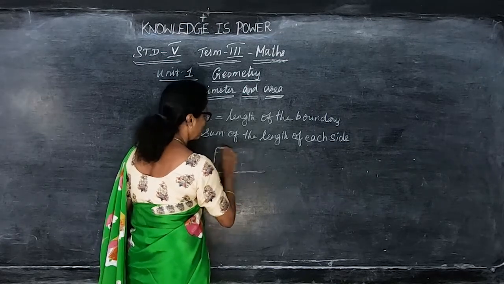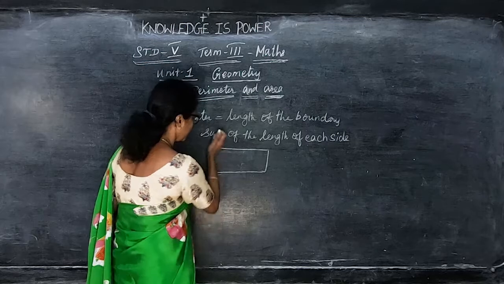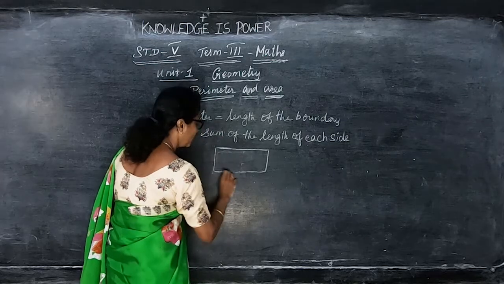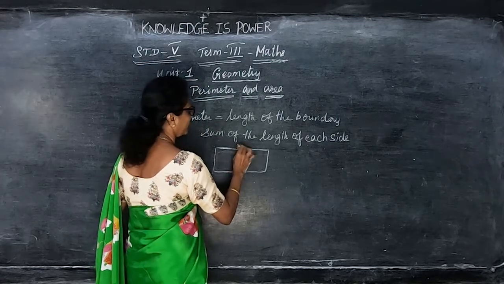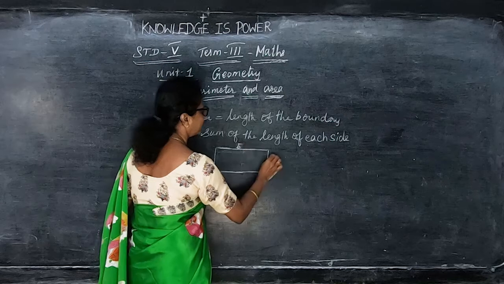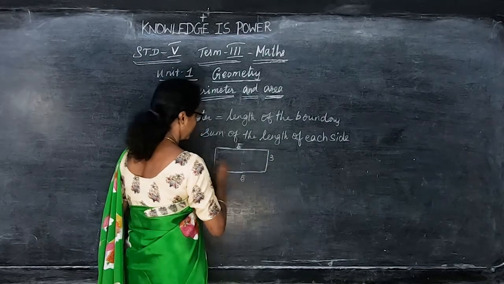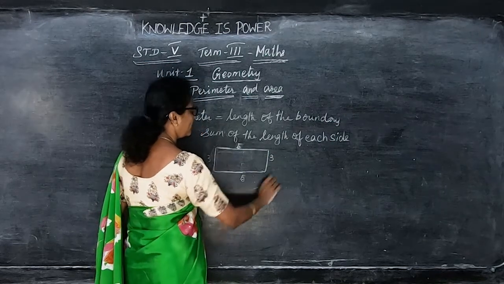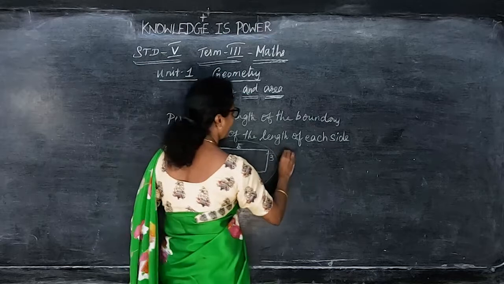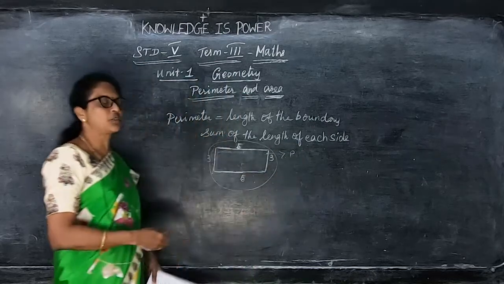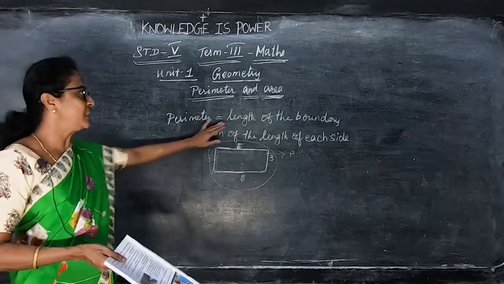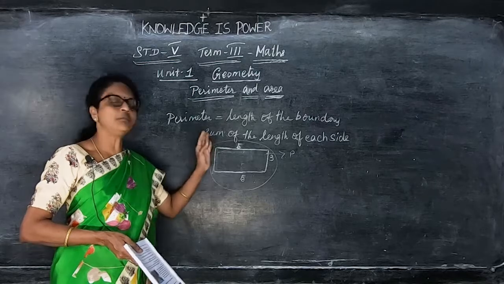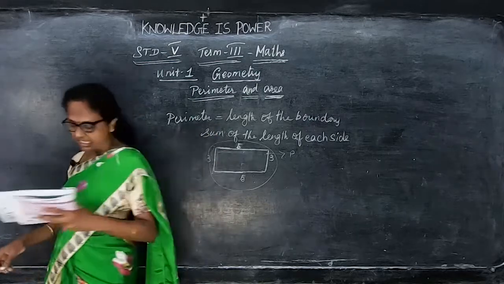So they are going to put the fence around like this. In a fence, all the four sides, this 3, this 5, this 3, this 5, adding all the four sides is called the perimeter. Perimeter, the length of the boundary line, is the sum of the length of each and every side.